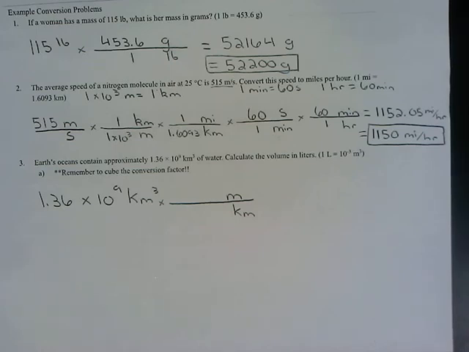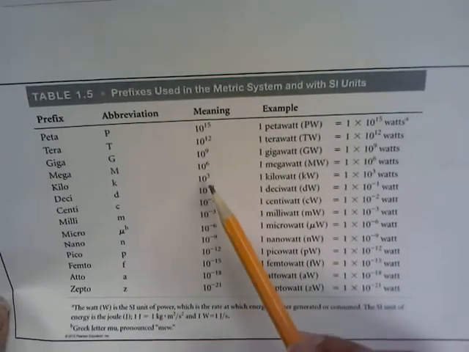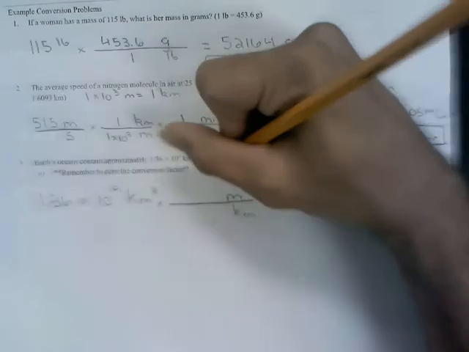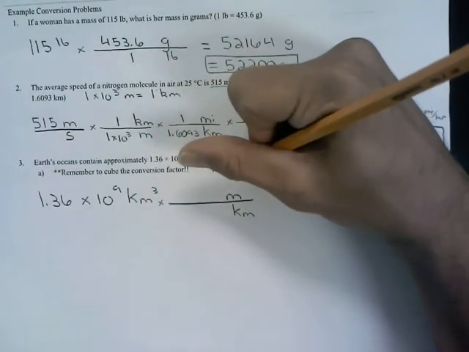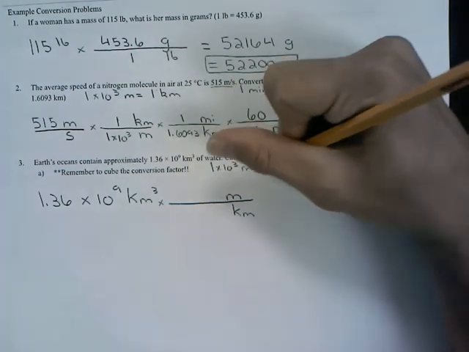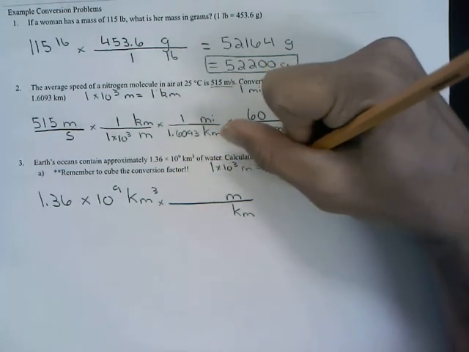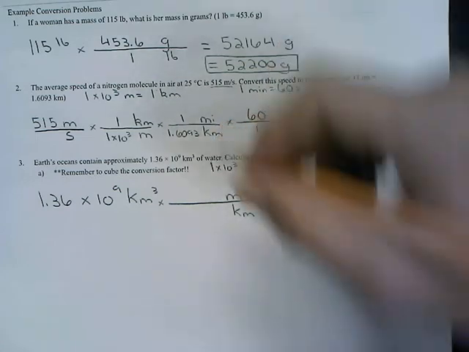I need to look up, okay, how many meters are in a kilometer? So again, if we look up here, there are 1 times 10 to the third meters for every kilometer. So I just plug these numbers in.